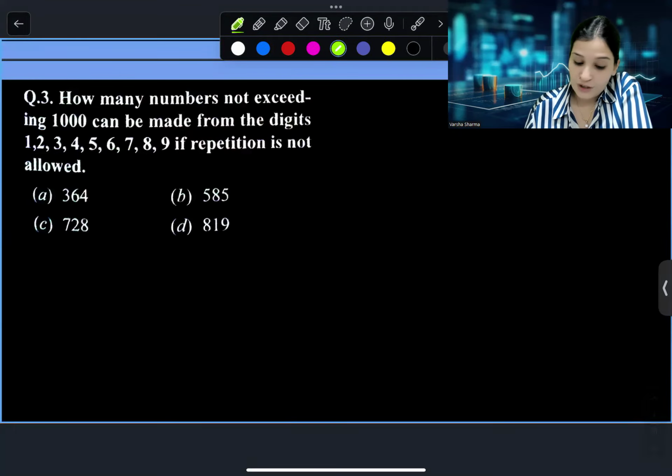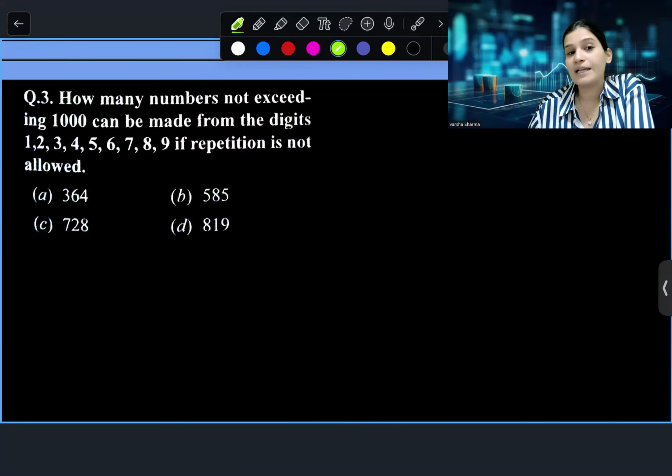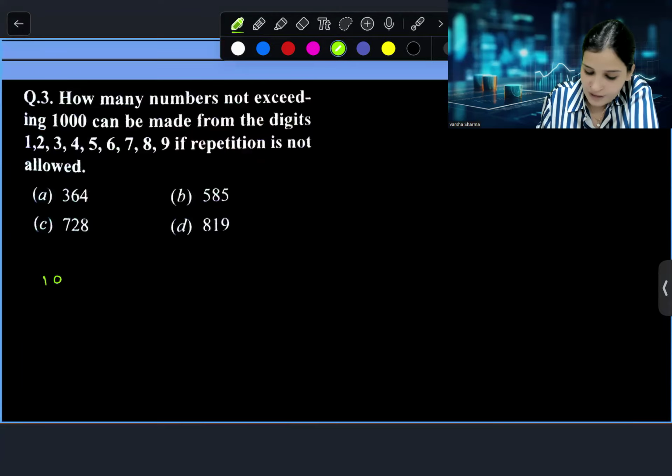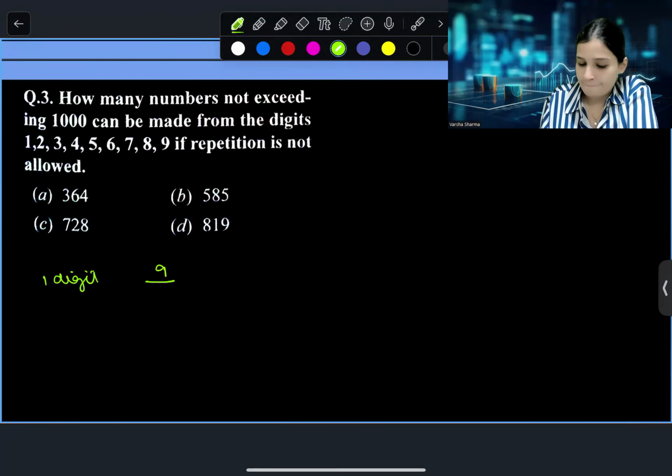How many numbers not exceeding 1000? That means the number can be 1000 or smaller than 1000, that can be made from the digits if repetition is not allowed. So smaller than 1000, that means the number can be a 1 digit, 2 digit or 3 digit. So how many 1 digit numbers are possible? 9. How many 2 digit numbers? Repetition is not allowed, so 9 into 8.